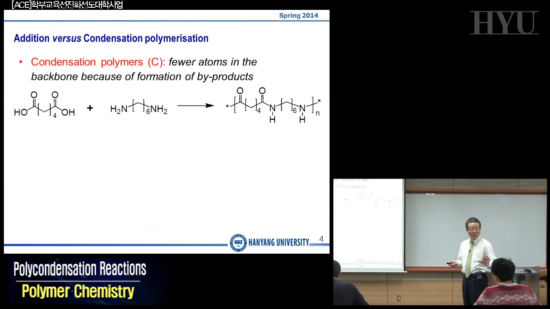Okay, adipic acid or terephthalic acid or any other acid contains bifunctional units, and the diamine, the amine group, will attack this carbonyl, and you form the byproduct. Hydroxyl and hydrogen will form the water here. Okay? So you have a byproduct, which is water in this case.